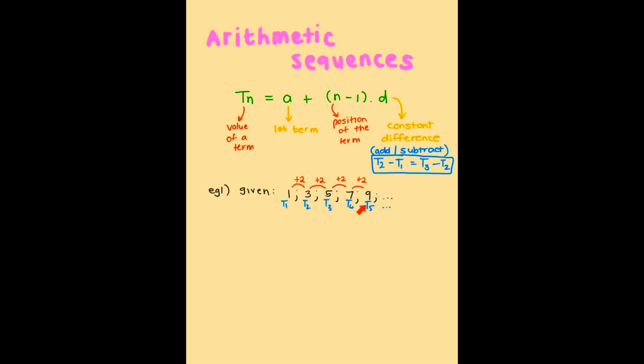The number 9 is in the fifth position, it is term 5, and it has a value of 9. The difference between each term is that I'm constantly adding 2. And if I wanted to use my trick, term 2 minus term 1 equals term 3 minus term 2, well, if I went 3 minus 1, is that the same as saying 5 minus 3? Of course it is.